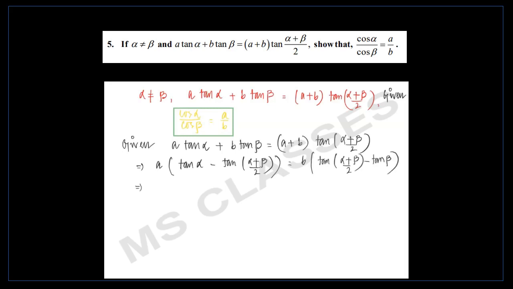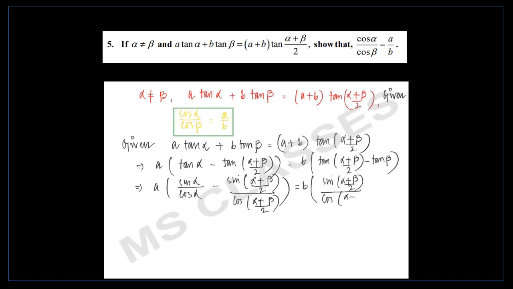Now, since we need the proof in terms of cos, we split into sine and cos. That is sine alpha by cos alpha minus sine of (alpha plus beta) by 2 divided by cos of (alpha plus beta) by 2, equal to B into sine of (alpha plus beta) by 2 by cos of (alpha plus beta) by 2 minus sine beta by cos beta.